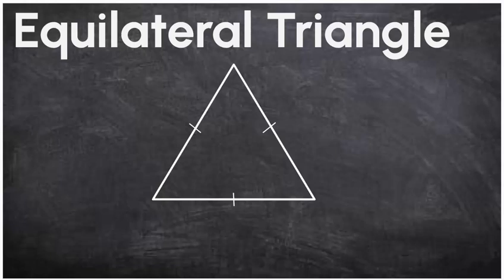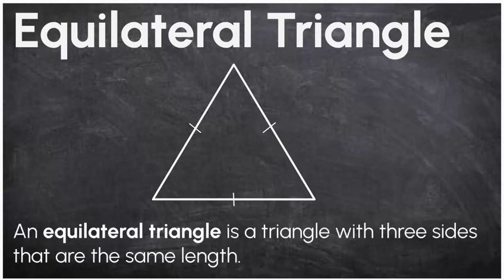What properties does an equilateral triangle have? An equilateral triangle is a triangle with three sides that are the same length. Always look for those little lines. If you have one line on each, those are the same, which means they're equal.